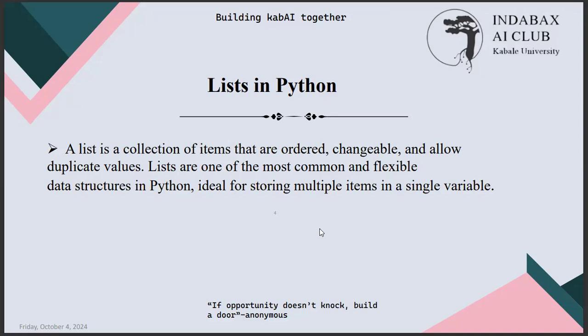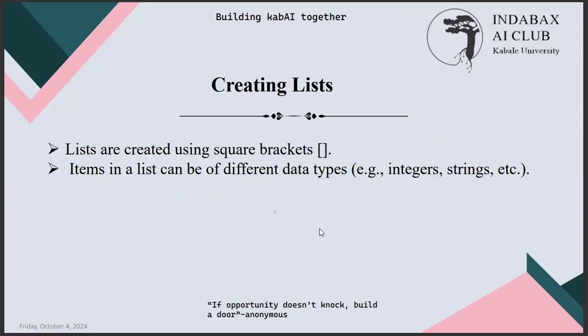And then we are saying that in a list the items are ordered, which means they come from index 0 up to the last index, and then they are changeable. If an item is at index 0, you have a chance to change it and give it another value at that same index. And then they allow duplicates. You can have items which look alike in the same list. To create lists, you just use those square brackets.